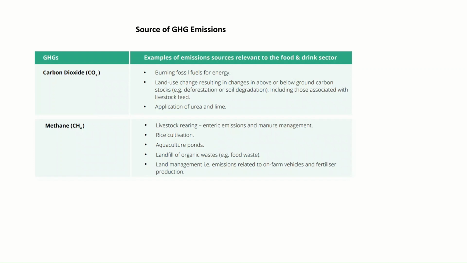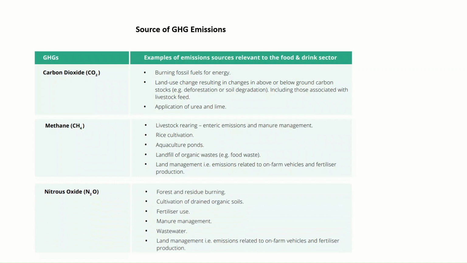The other one is rice cultivation, which produces a lot of methane, and aquaculture is the same. The same goes for landfills and land management, and for vehicle and fertilizer production. All these activities produce some amount of methane, which is more severe than carbon dioxide.